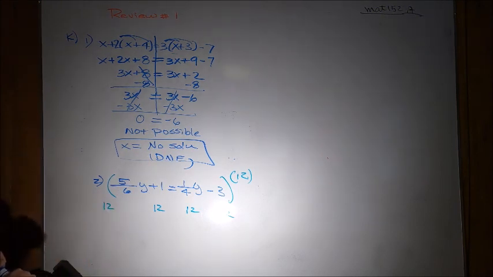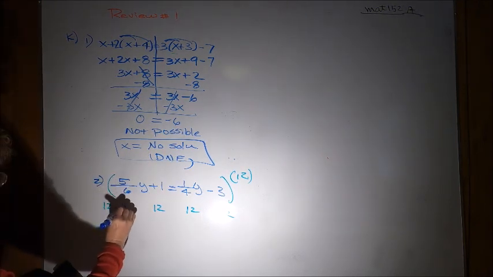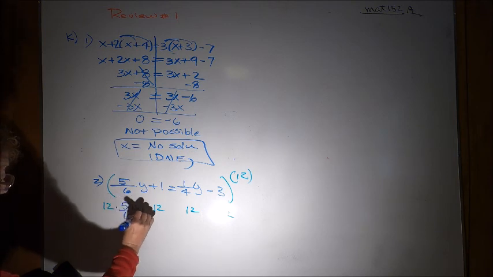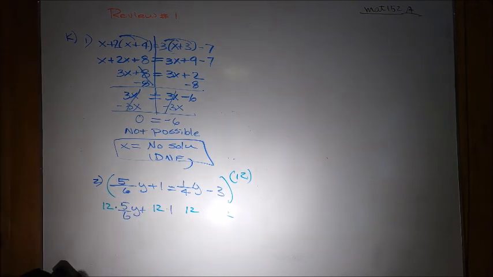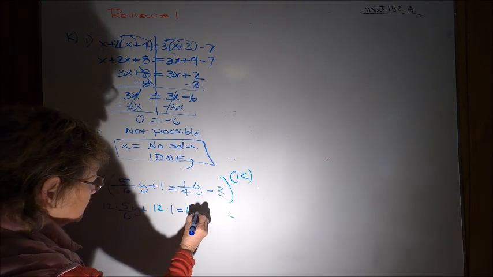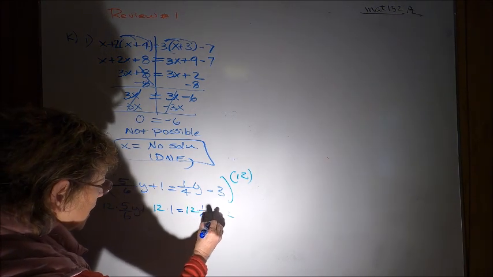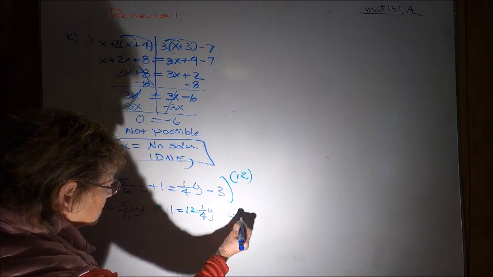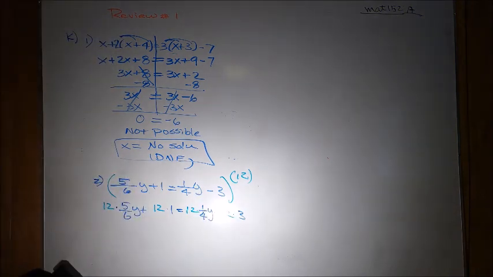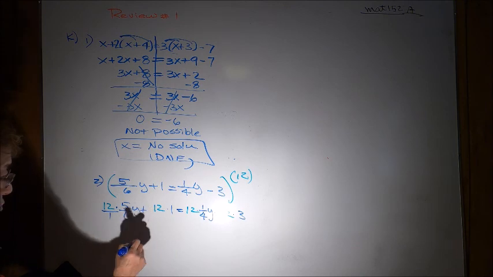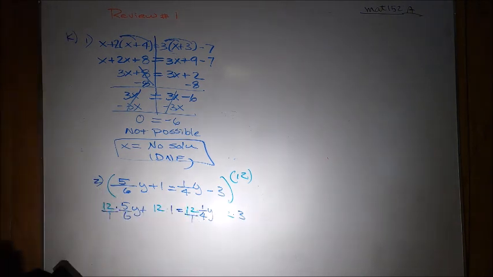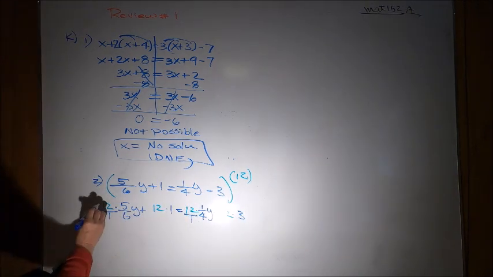So first one will be what? 12 times 5, 6y plus what? 12 times 1 equals 12 times 1, 4y minus 12 times 3, right? Then do your fractions. Put the 1 underneath if you multiply fractions.